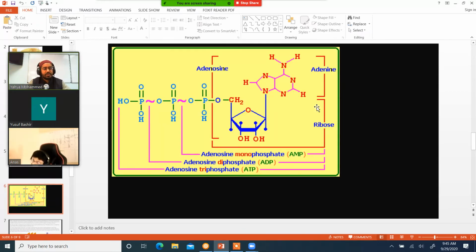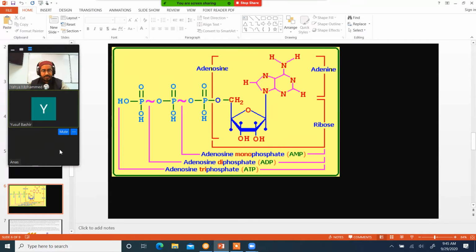All right. So now this diagram is just telling you the different notations. When you have all three of the phosphate groups together, what is that called? Anas, are you there? I think his internet is not working very well.